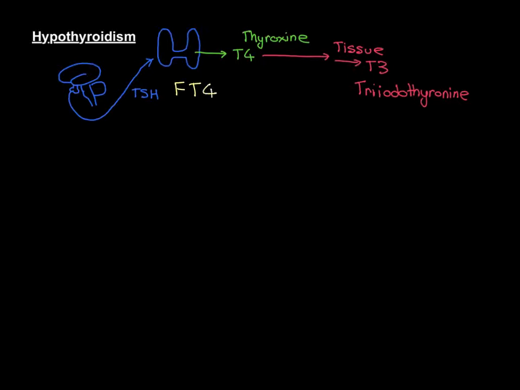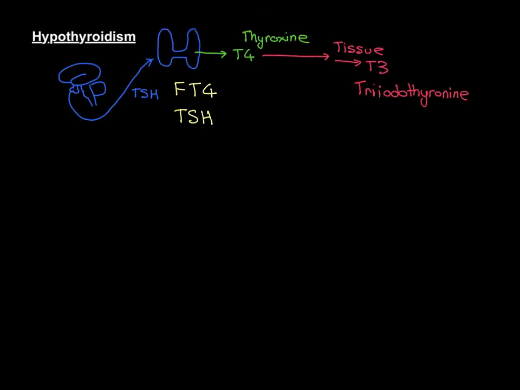So, two of the normal blood tests that we do when we want to assess someone's thyroid function are the FT4, which stands for free T4. So we measure the amount of free thyroxine in the bloodstream. You remember me telling you that when the thyroid releases thyroxine into the bloodstream, a lot of it ends up binding to a globulin in the bloodstream.